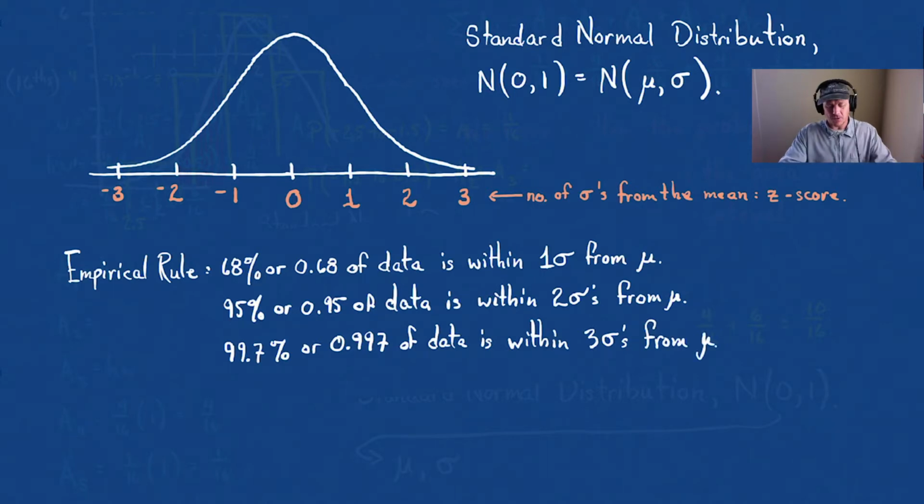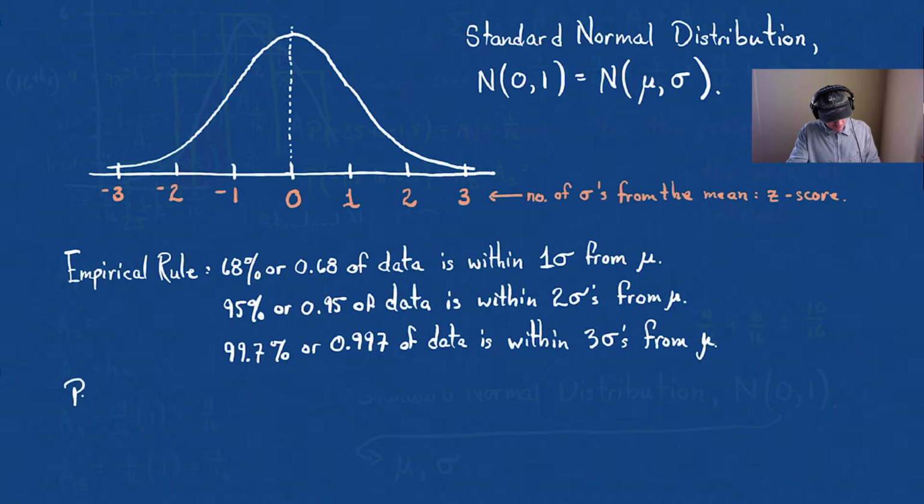Okay, now there's a few other things that we need to take a look at here about the standard normal distribution. So the mean, mu, is right in the middle. I'm going to make a list. But before I can apply the empirical rule, I need a few more properties.